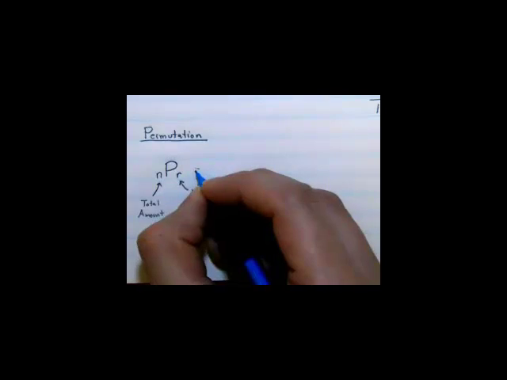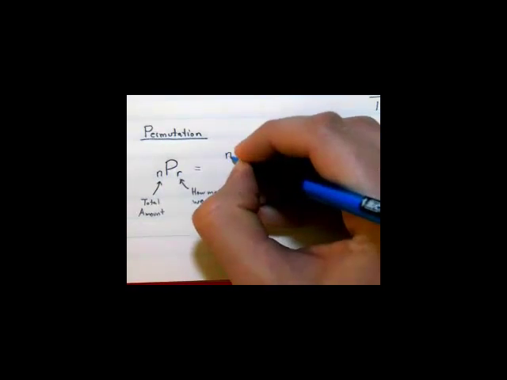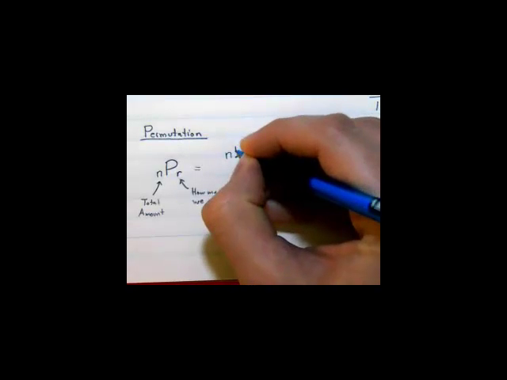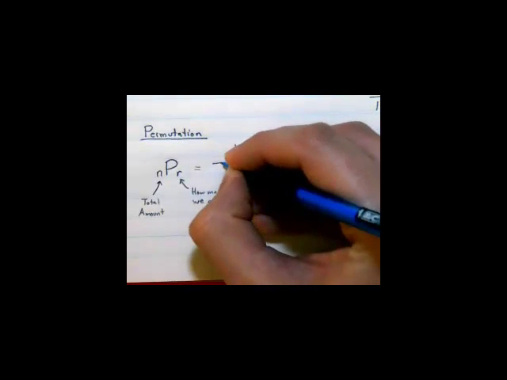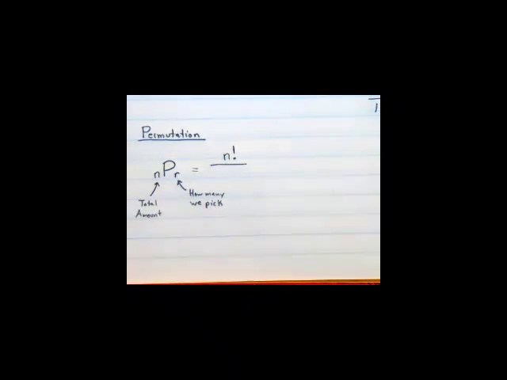So that formula that we just came up with, we did 20 factorial divided by 15 factorial. So 20 factorial, 20 for that example, right? So it's going to be n factorial on the top, 15 from 20 and 5.